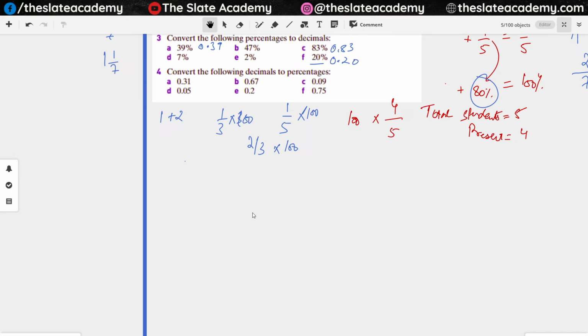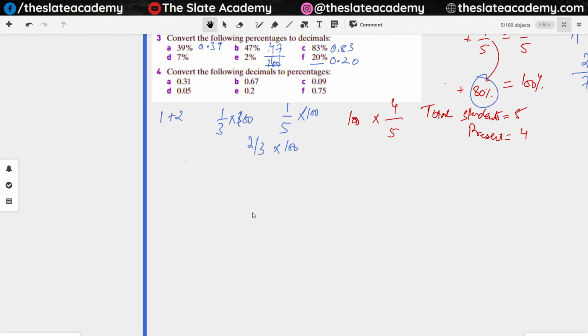47% as a decimal? We know it would be 0.47, not 0.04, because 47 percent means out of 100. So it would be 47 out of 100, and straight away I can see this 0 lines up with 7, this with 4, and over here I put the decimal. So it would become 0.47.